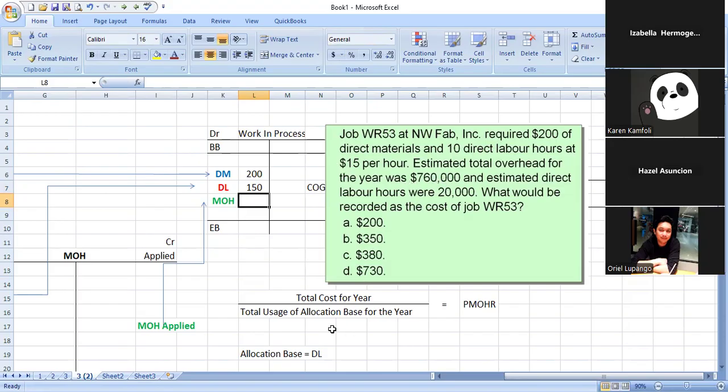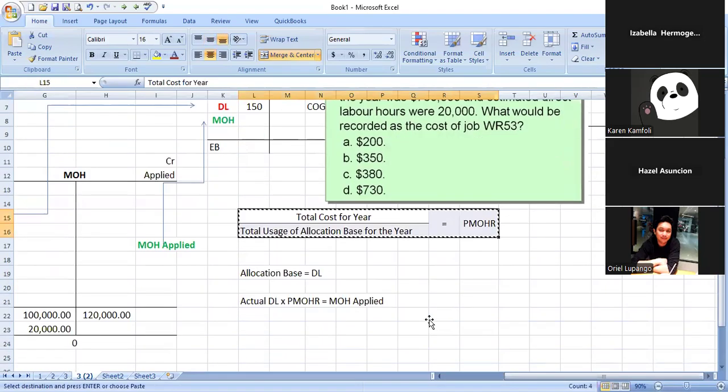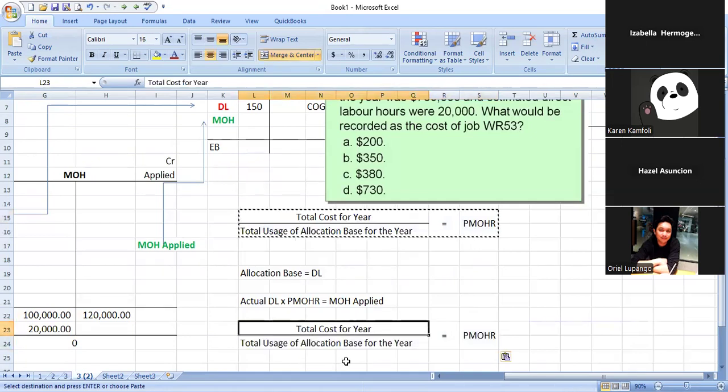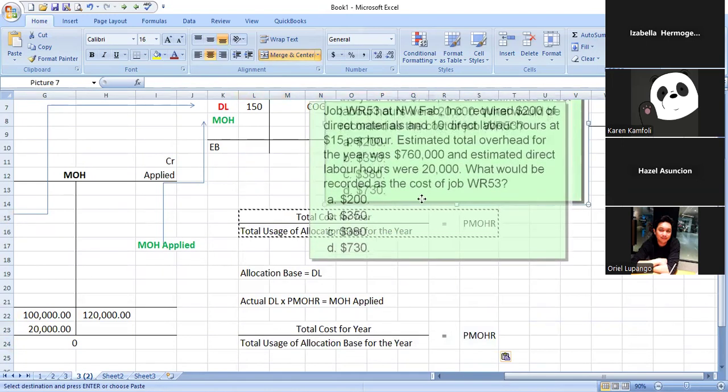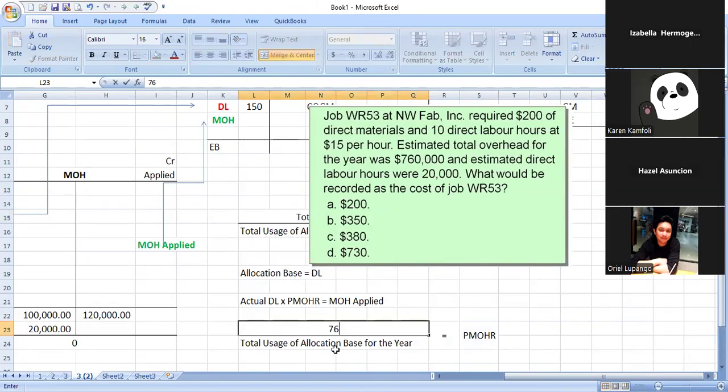Now we have to get the manufacturing overhead. How are we going to get the manufacturing overhead? First, we have to get the predetermined overhead, right? Okay, let's copy this formula and let's use it. So what will be my numerator here? Should be 760, right? Yes.